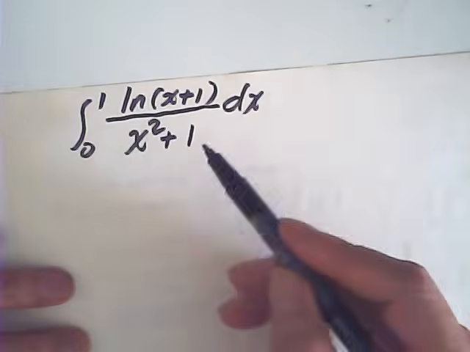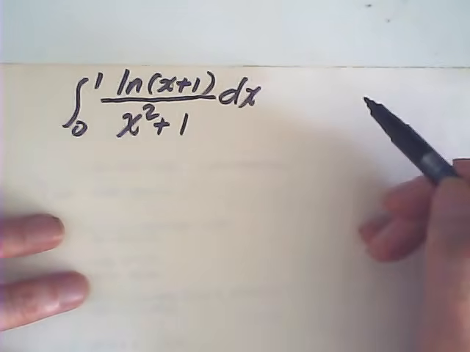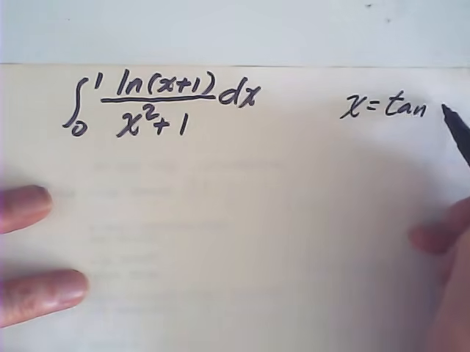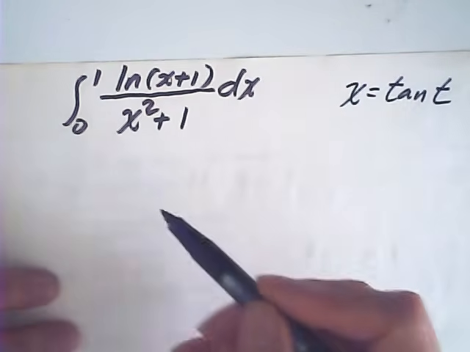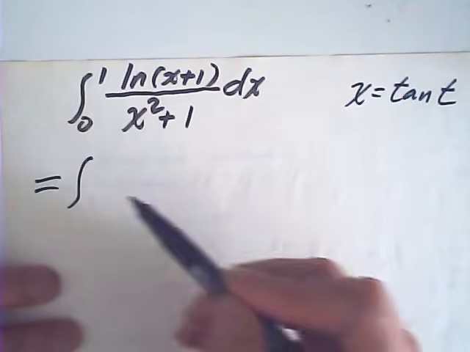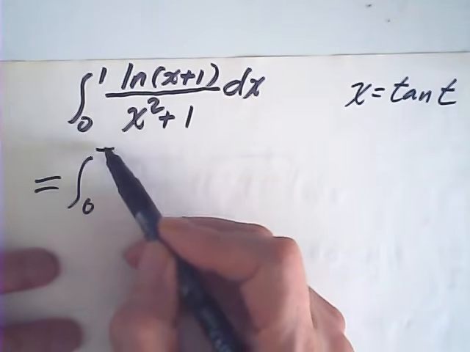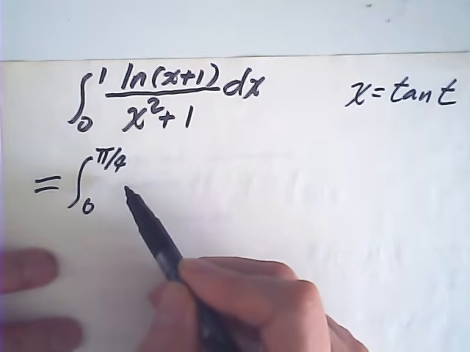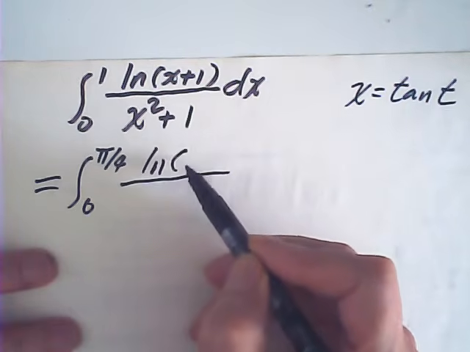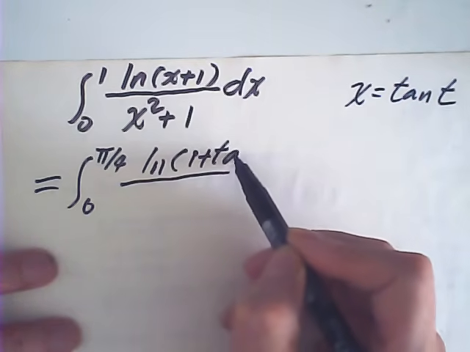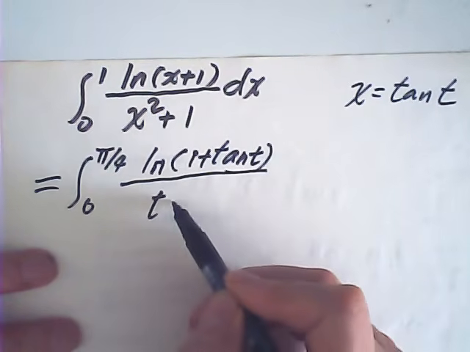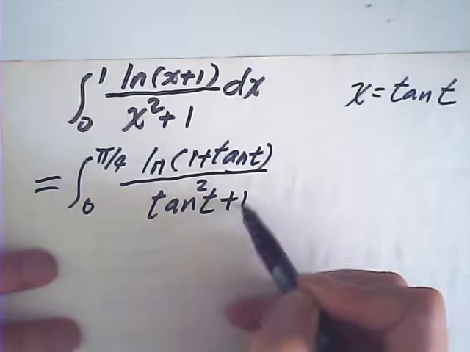Now method 2. I start using the same substitution. Let x be tangent t. So my integral becomes from 0 to quarter pi of natural log 1 plus tangent t over tangent square t plus 1.